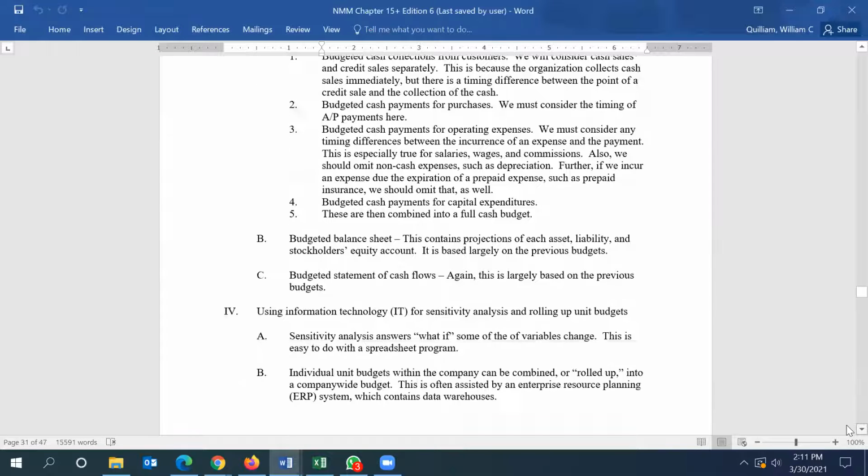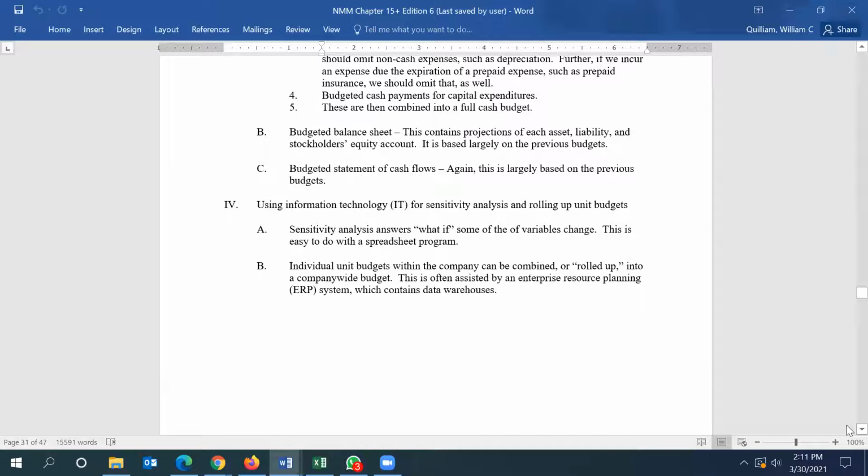And the last little thing we discussed in this chapter is using information technology for sensitivity analysis and rolling up unit budgets. Just know what those are. And what questions do you have here on the chapters on budgeting?